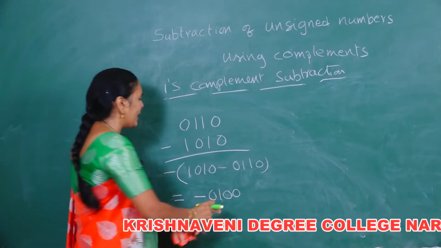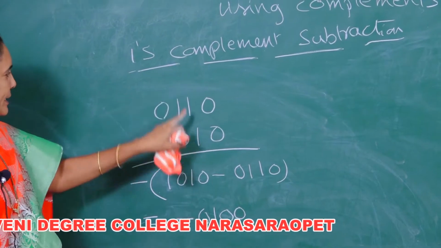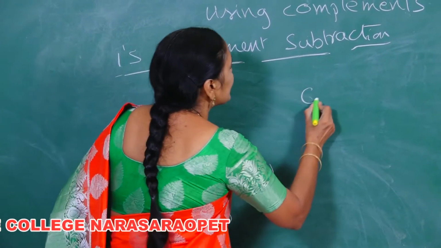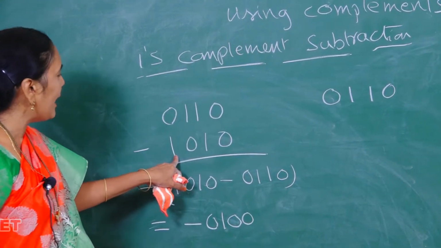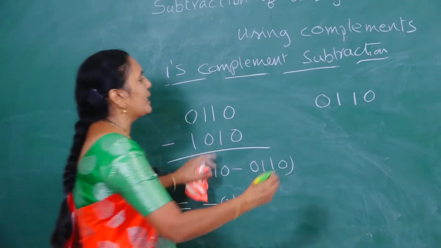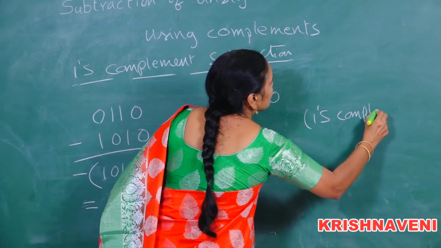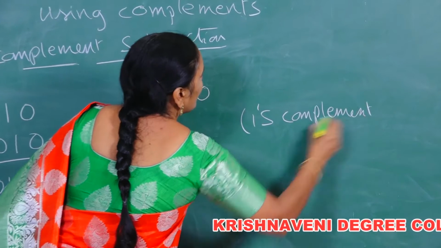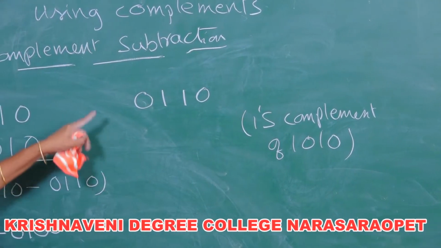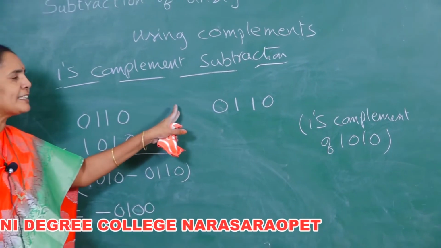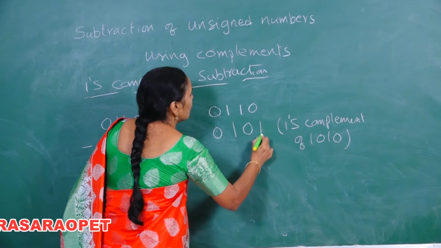So, now let us see how you will get the answer through ones complement subtraction. The positive number is written as it is, 0110. Now we have to get the ones complement of 1010. Ones complement is obtained by simply interchanging 0 with 1. That is 0101.